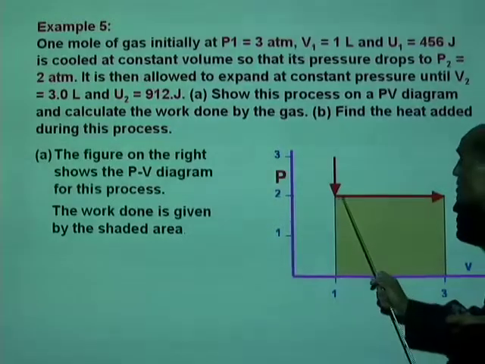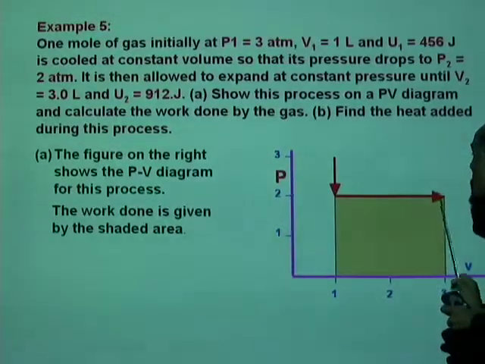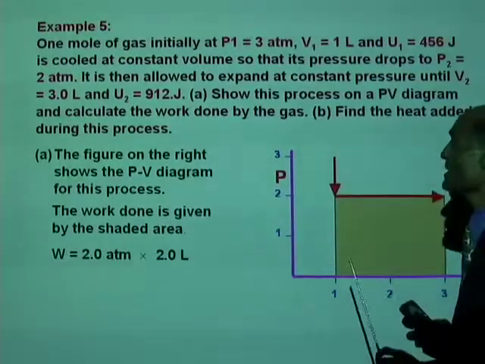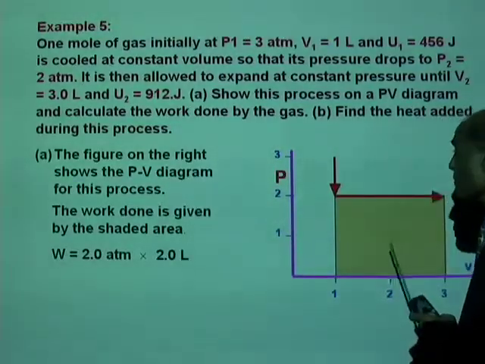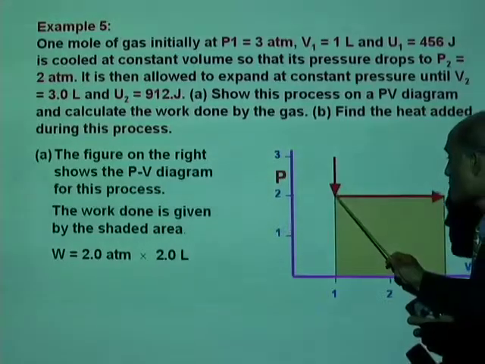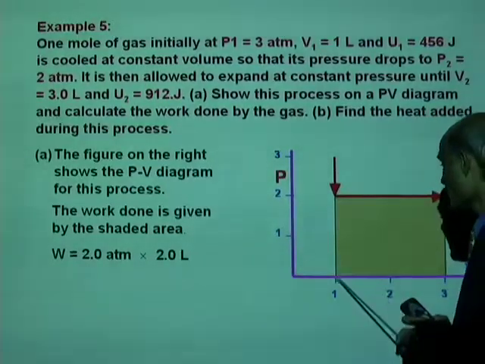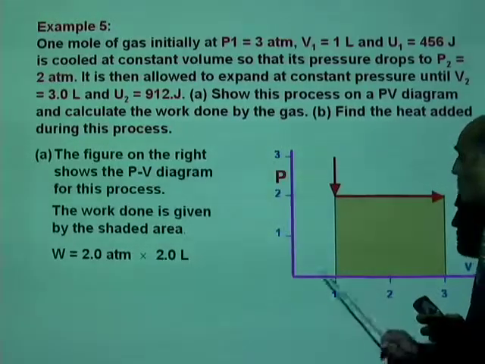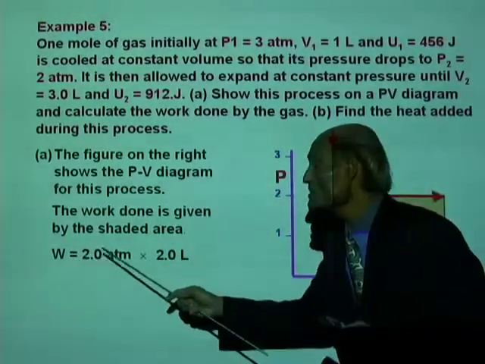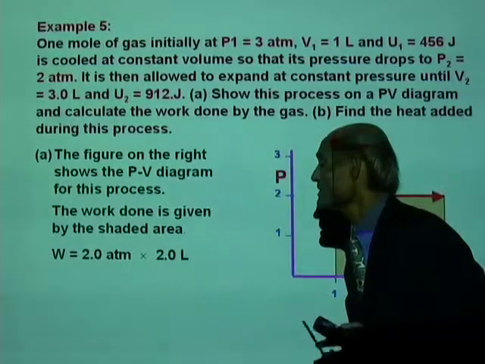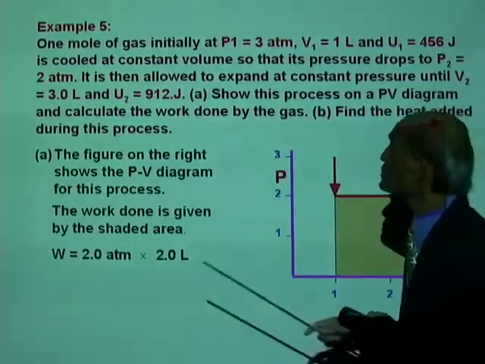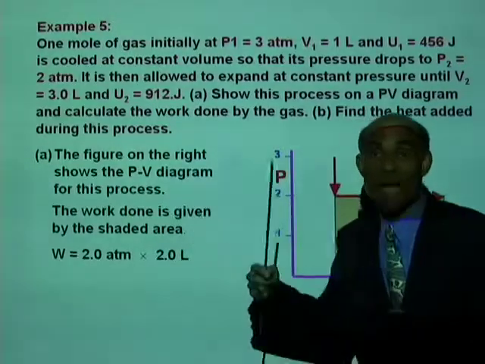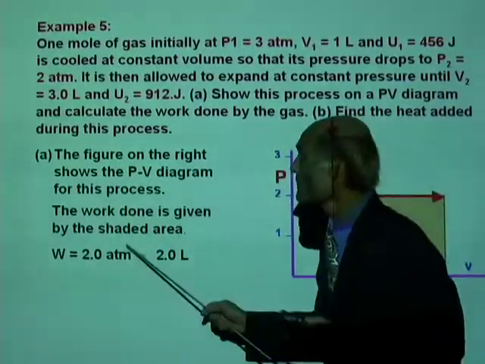Work done is, this is an isobaric process, it will be P times (V2 minus V1). The pressure is 2 atmosphere and V2 minus V1 is 2 liters, 3 minus 1. So the work done is 2 atmosphere times 2 liters, but you can't have those units. You've got to change them to absolute units.